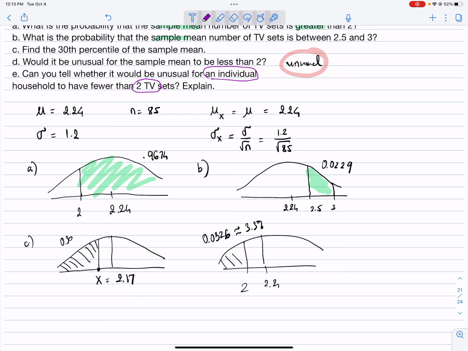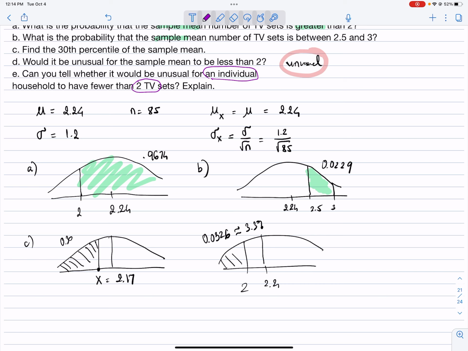The word unusual is used only for the probability. When you pick a family and that family has fewer than 2 TVs, it is considered unusual because the percent is very low. But we cannot say that family is an unusual family.